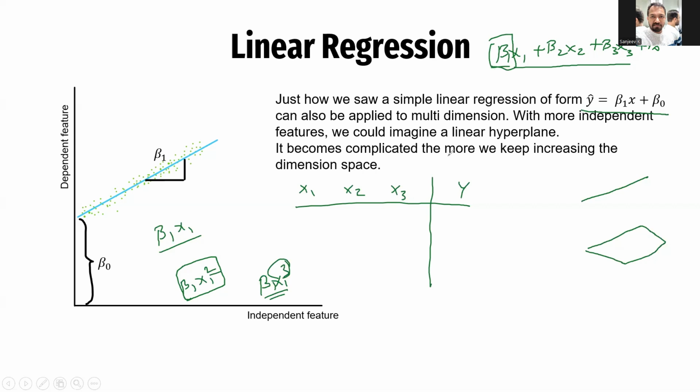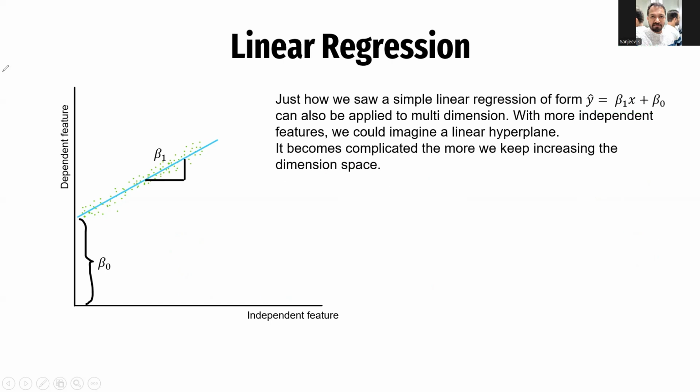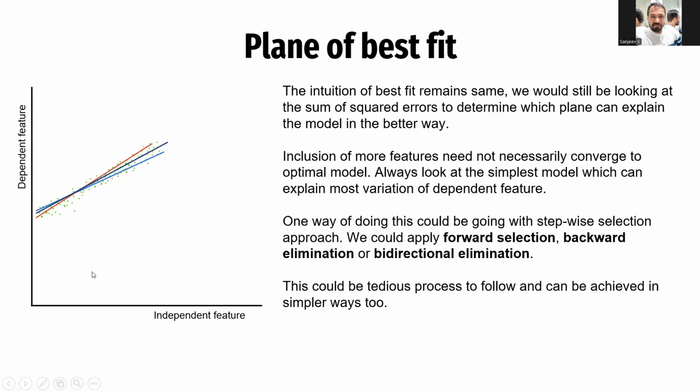As we keep increasing the dimension, the linear model should also consume all the independent features. Same as in the previous session, we would also try to evaluate the plane of best fit. In the last session, we discussed the line of best fit.